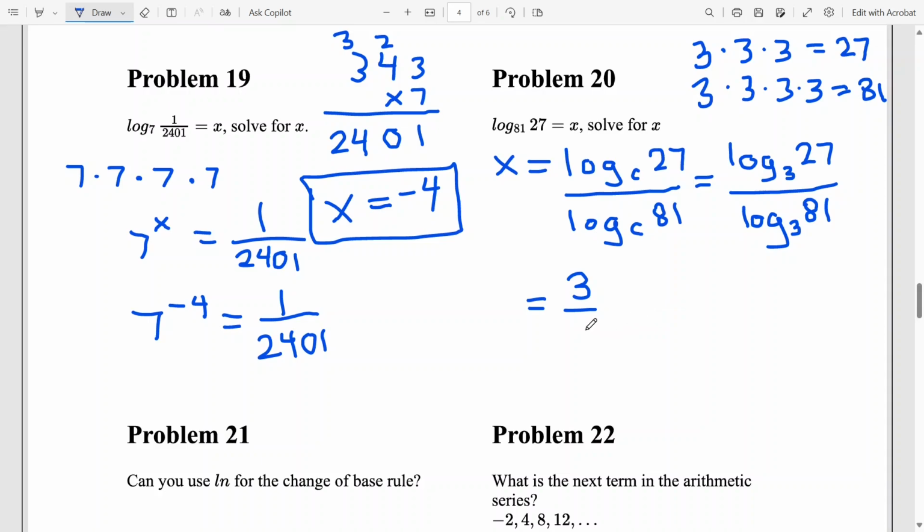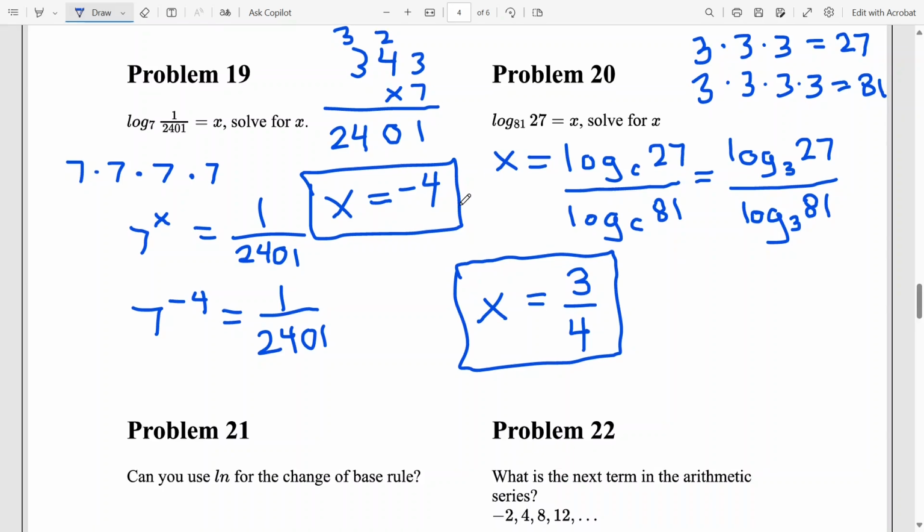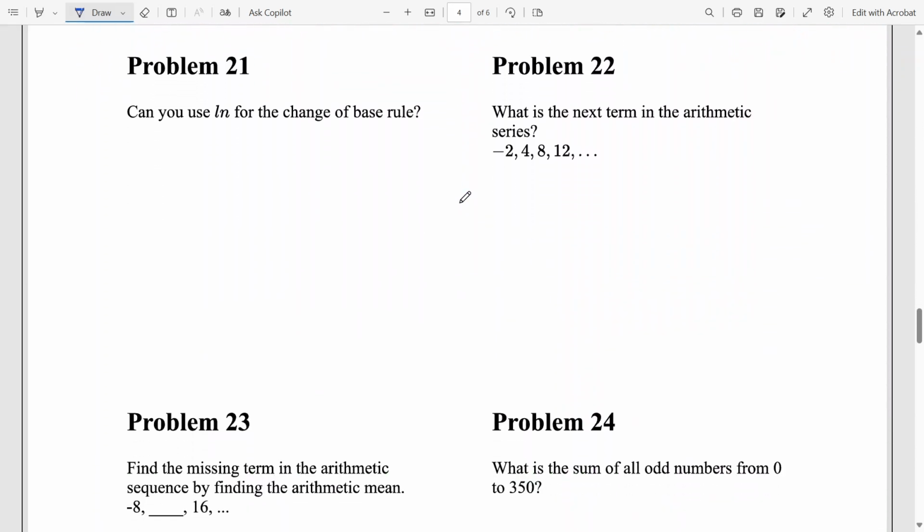So it's going to be 4 3s. So in this case, x is going to equal 3/4. All right, next one. Can you use natural log for the change of base rule? Yes.